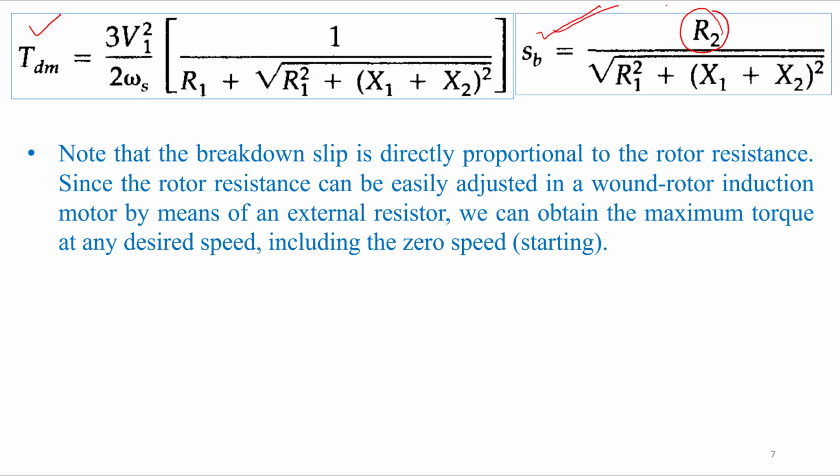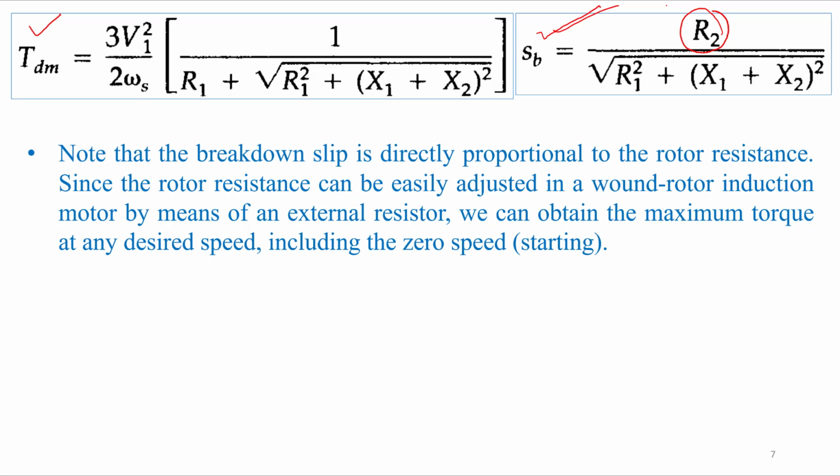Have you seen a wound rotor motor in your lab? Not seen? Wound rotor induction motor. That is the slip ring induction motor. So don't confuse, wound rotor is equal to slip ring. Wound rotor means the rotor is wound.